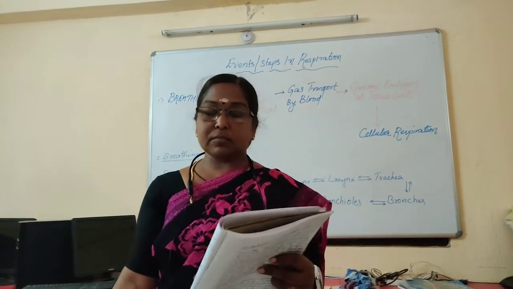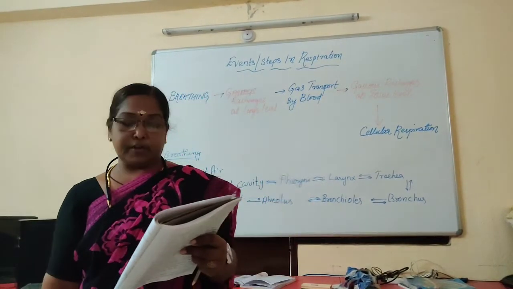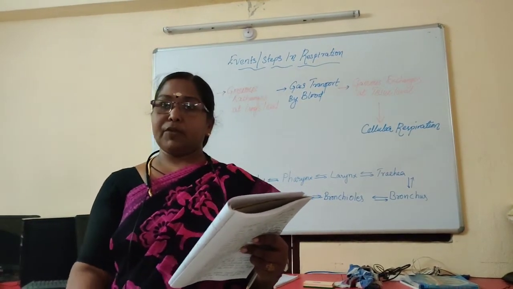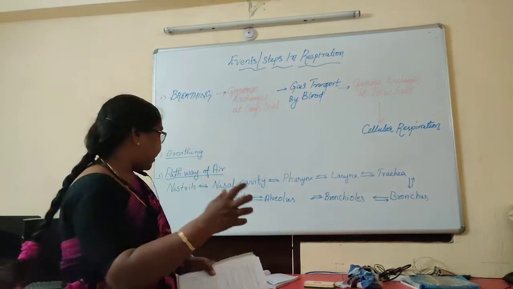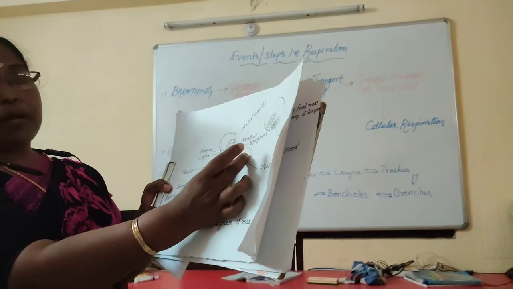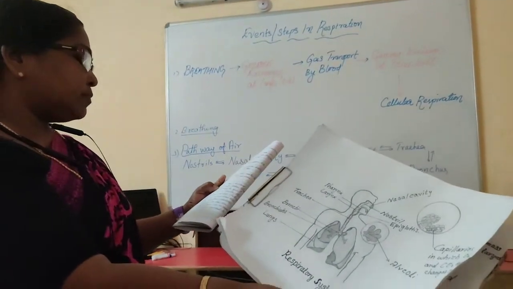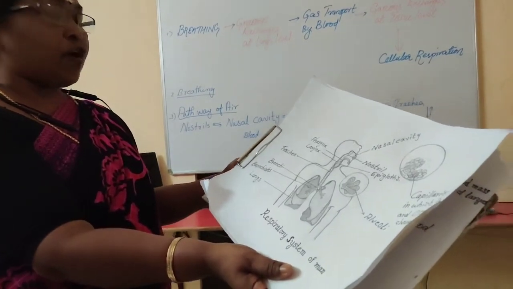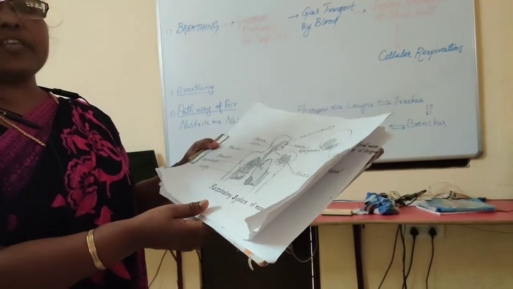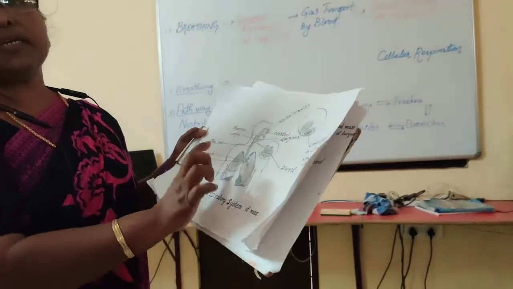Another very important piece of knowledge I am giving you. We know the alveoli, when we observe them in the diagram, look like small clusters. But if all the alveoli of our lungs are spread out, they will cover an area of 160 square meters. That is equal to one tennis court.